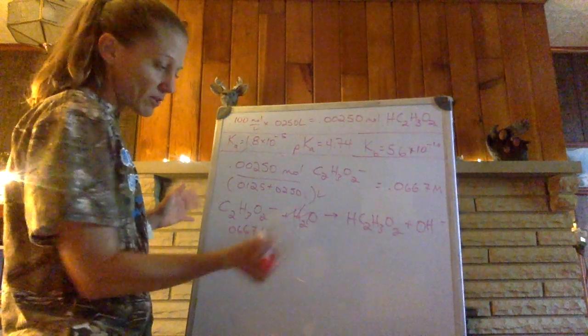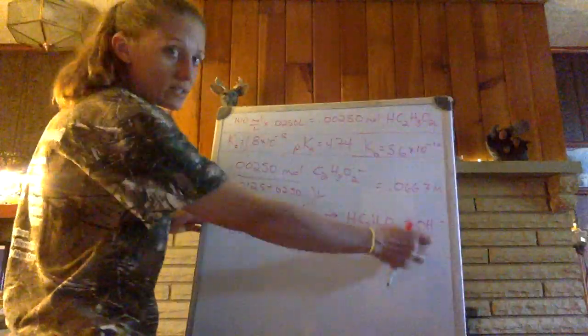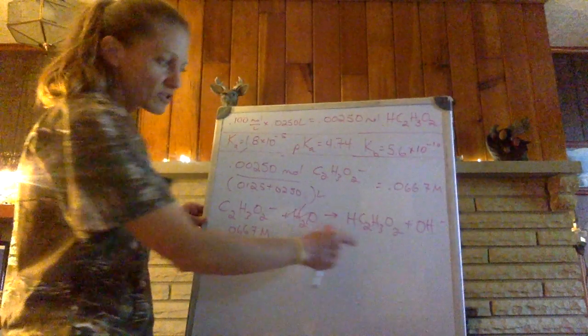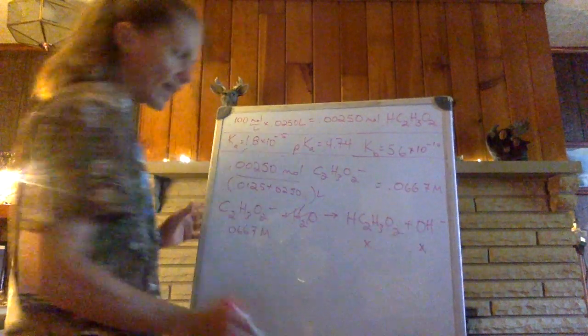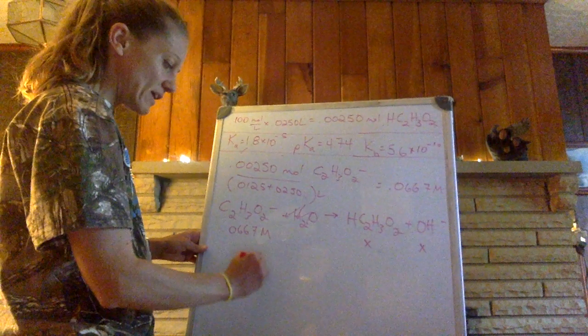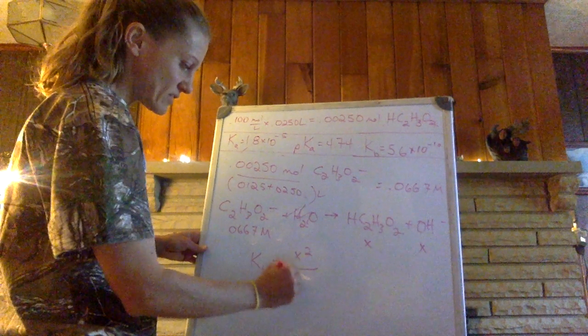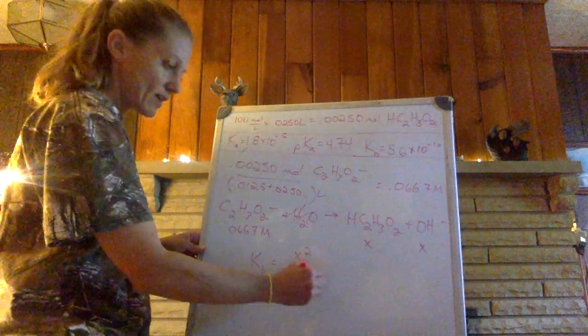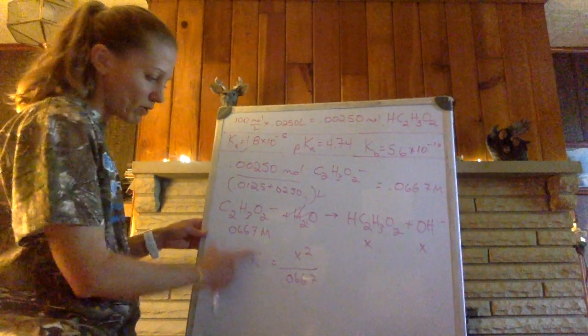My values on the other side, and again, this is just a condensed version of the ICE chart where you would have 0 and 0, minus x, plus x, plus x. So we now have x and x, where Kb equals x squared over 0.0667. That's molarity, but okay, no one cares about molarity either, just like water.